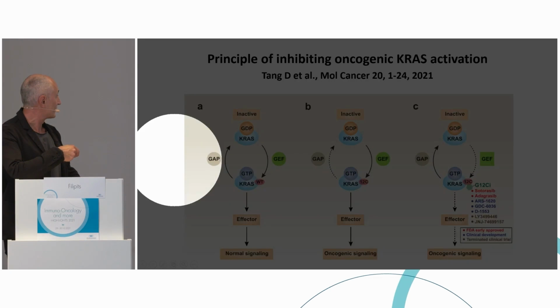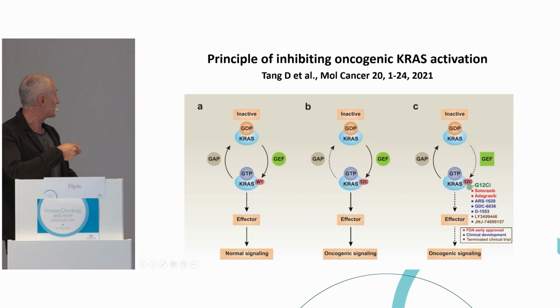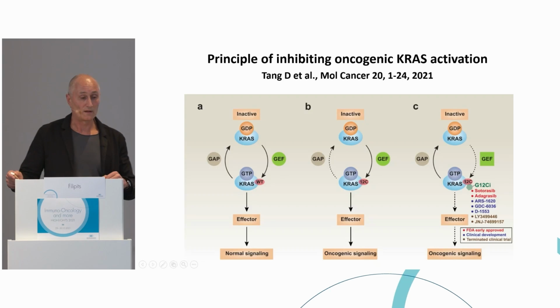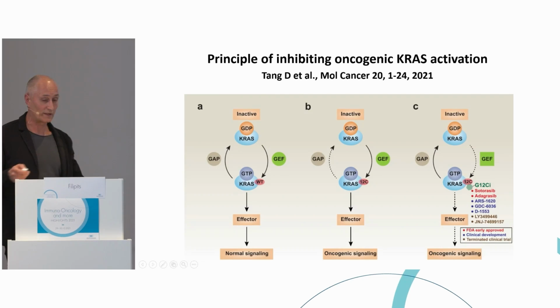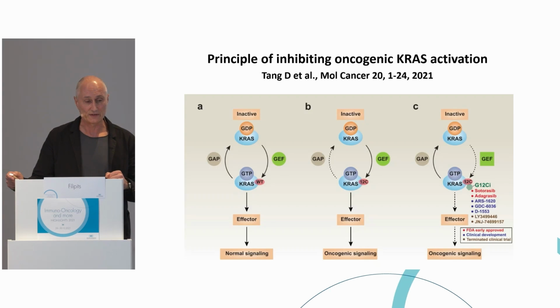The cycle is then finalized by the inactivation of RAS by GAP proteins, NF1 for example, which inactivate KRAS and bring it back to the GDP status.